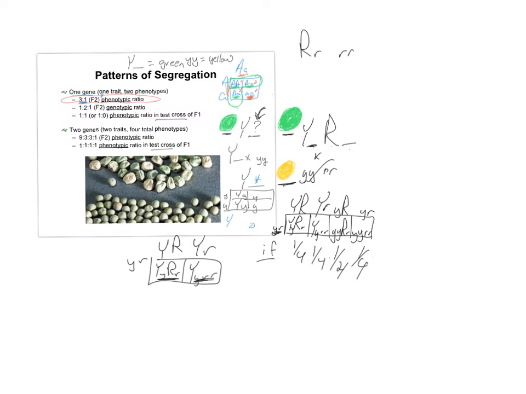In other words, I just want to make sure this is clear. This would be 1/2 green smooth, and it'd be 1/2 green wrinkled.